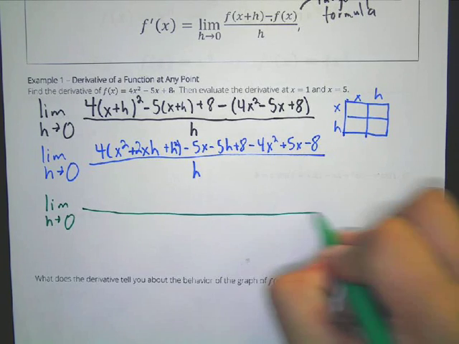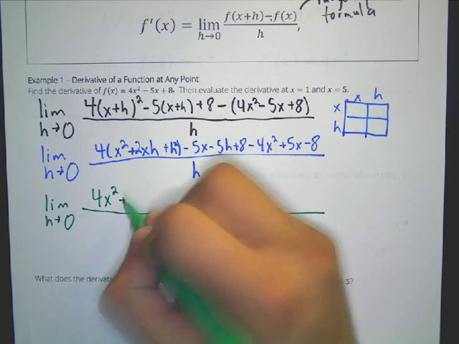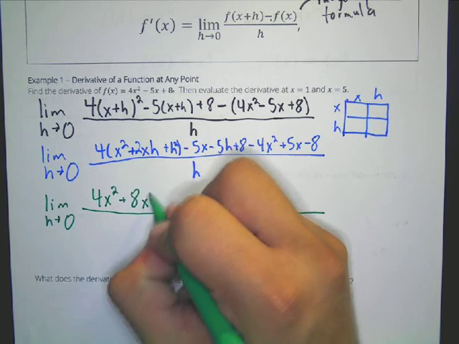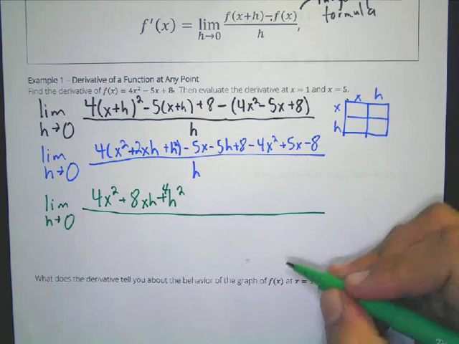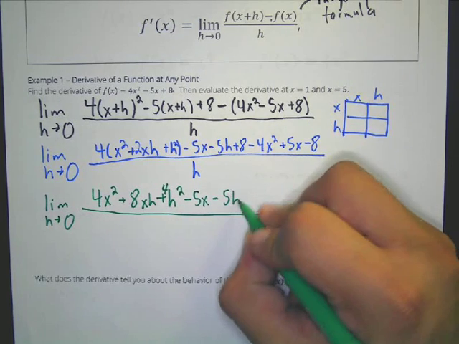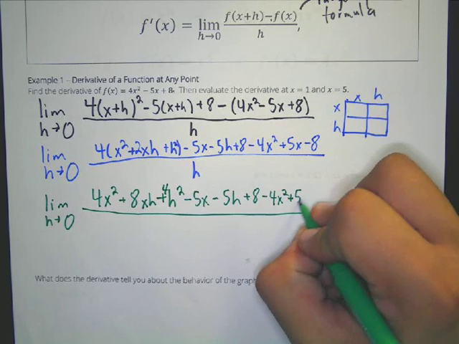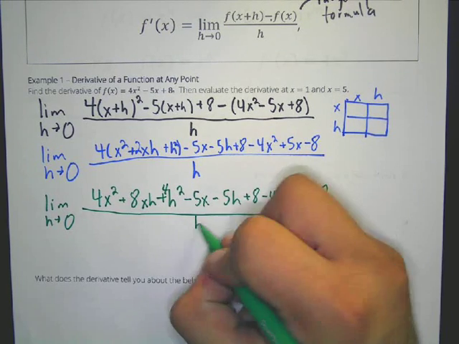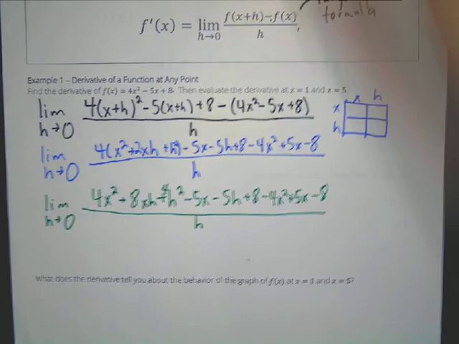So 4x squared, 2 times 4 is 8xh, plus 4h squared, my bad, minus 5x, and then all the rest of this crap. Minus 8 over h. Yeah, I know.